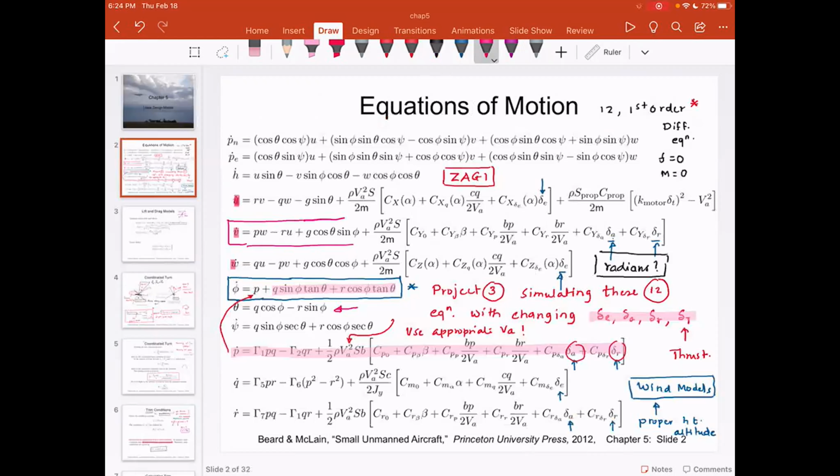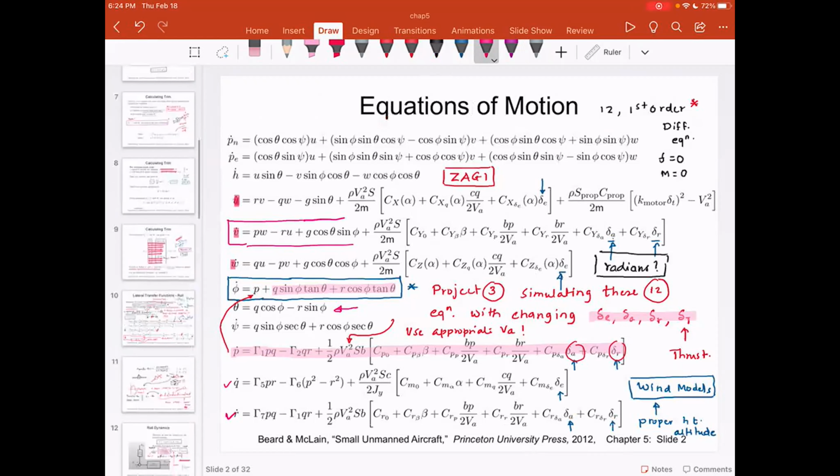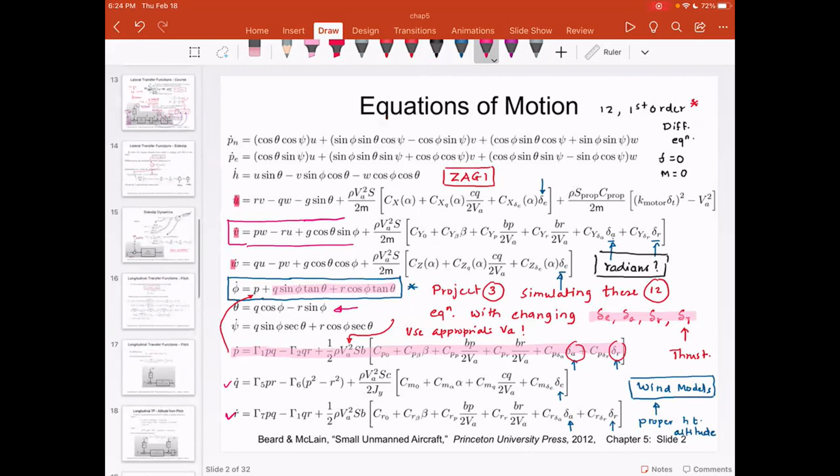And now you know the drill. What I'm going to do is differentiate the equation. As soon as I differentiate, I end up with a derivative of Q and a derivative of R. And then I would substitute Q dot and R dot in that equation, and boom, I get the inputs. So let's do that.